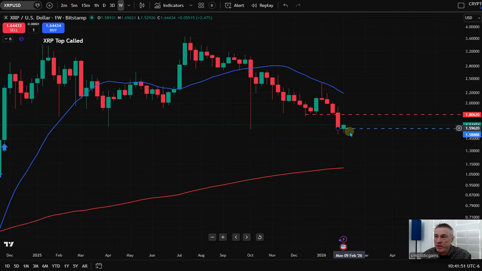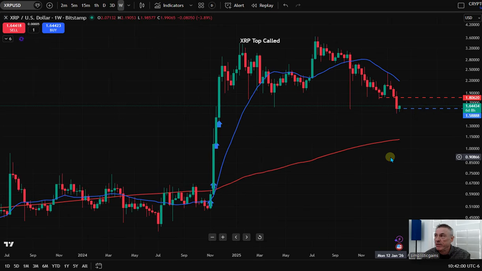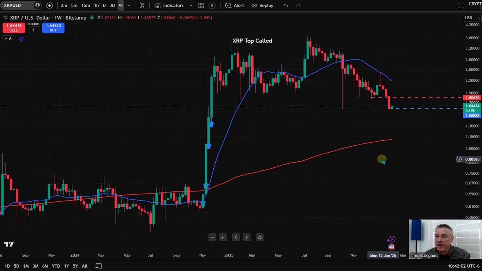What I'm getting at, if we lose this, the next major support, quite honestly, is around 110 here at our weekly 200. 110, 115, depending on how long it takes to get down there.